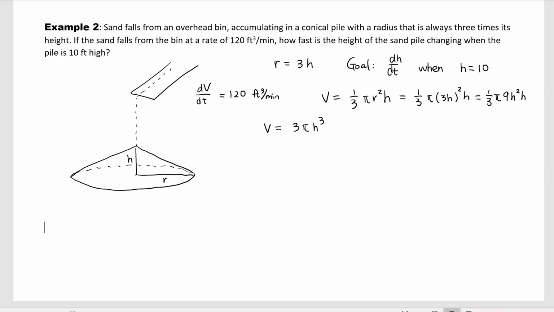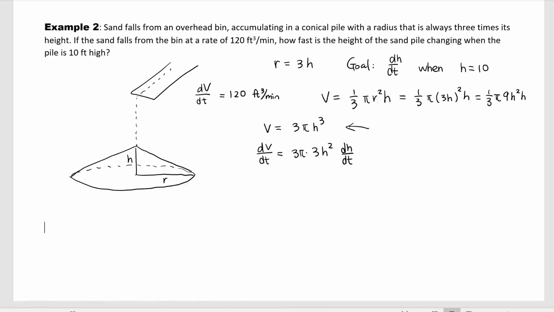And we are ready. Let's differentiate both sides with respect to t. The left hand side we have dv dt. On the right hand side, the 3 pi constant multiple stays. The derivative of h cubed is 3h squared dh dt. And we're ready to plug in numbers. Another typical mistake is students plug in the values here instead of after we differentiate.